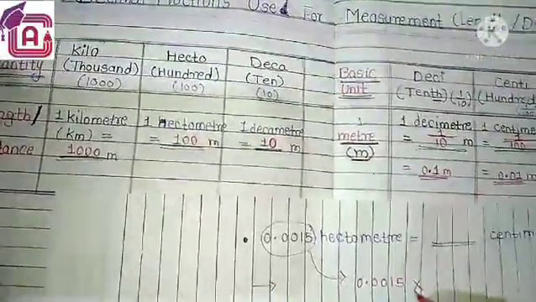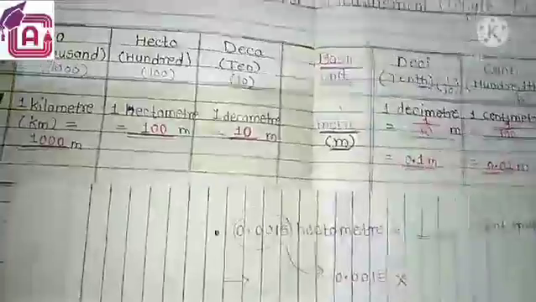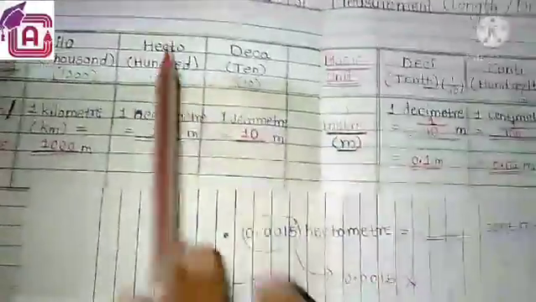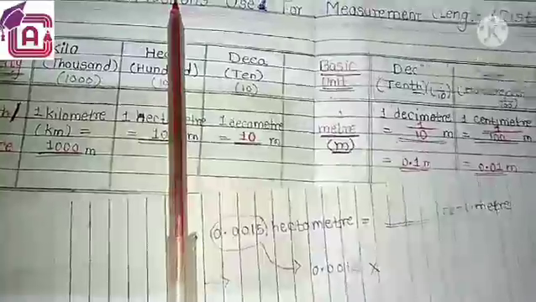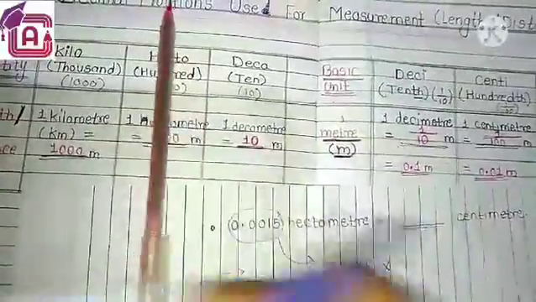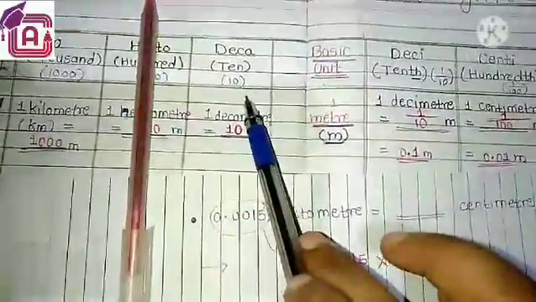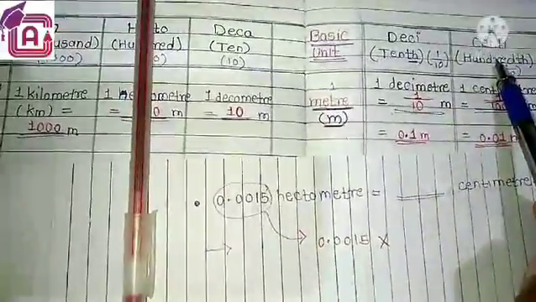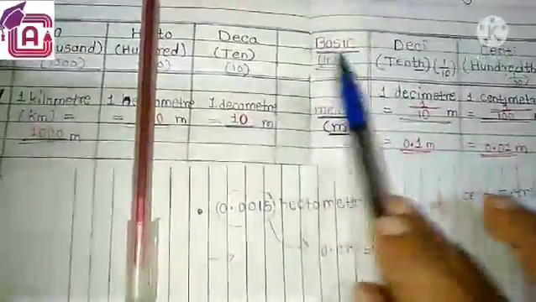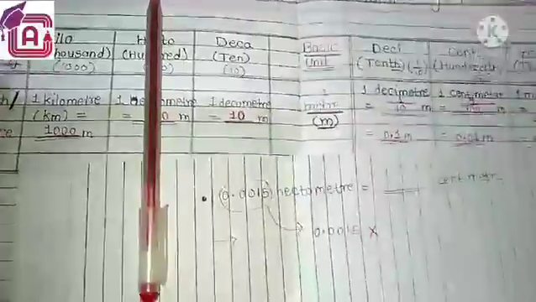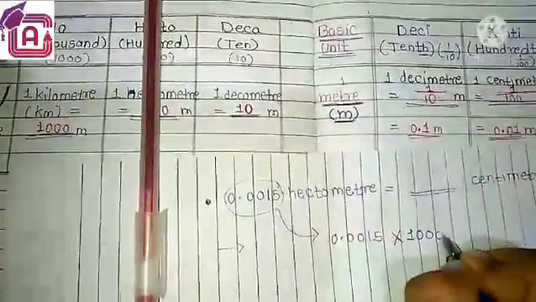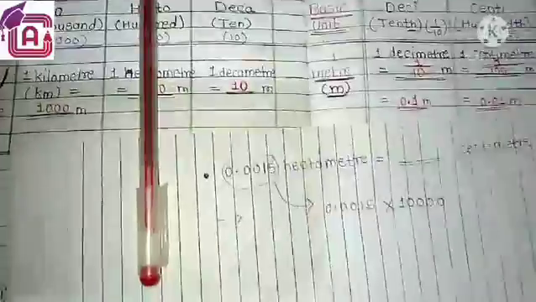So write down the multiplication sign and calculate the places from hecto. Hecto is our reference point, and after the hecto we have to calculate the places, that is 1, 2, 3 and 4. 4 places are there up to the centi. So on a 1, write down how many zeros? 4 zeros. 1, 2, 3 and 4.